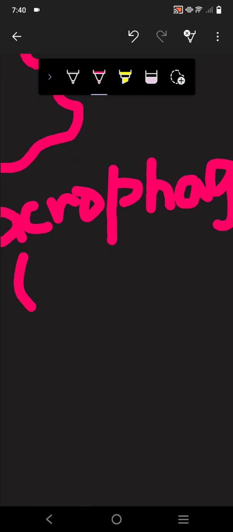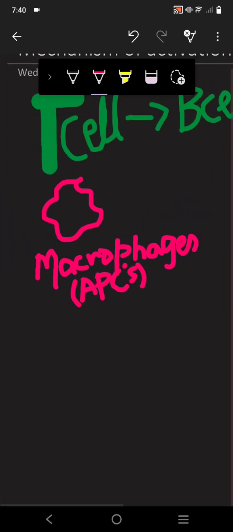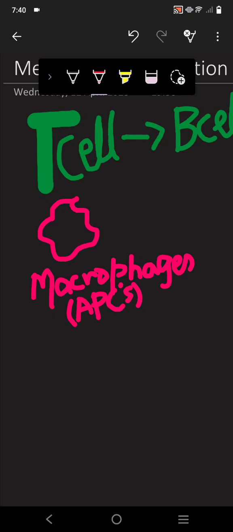It can present antigen either by the MHC1 or by the MHC2. So we know that MHC1 and MHC2 present the antigen. At this part either MHC1 can attach, or at this part MHC2 can attach, because it is the antigen presenting cell and it is the ability of the macrophage.